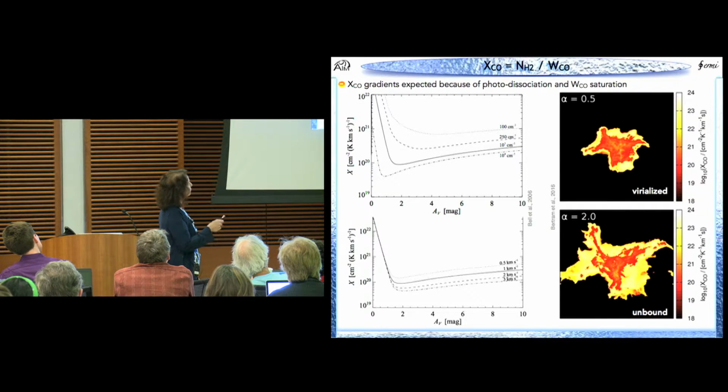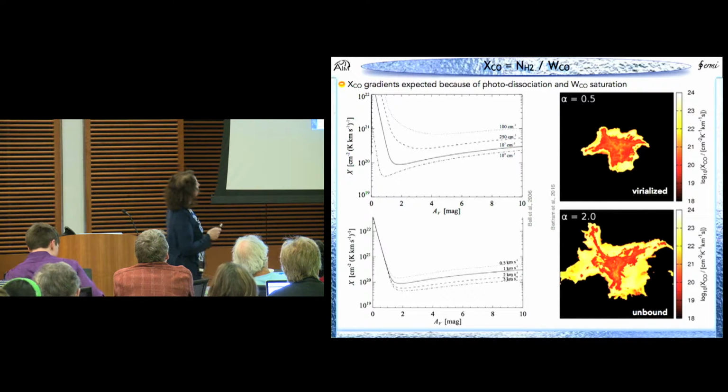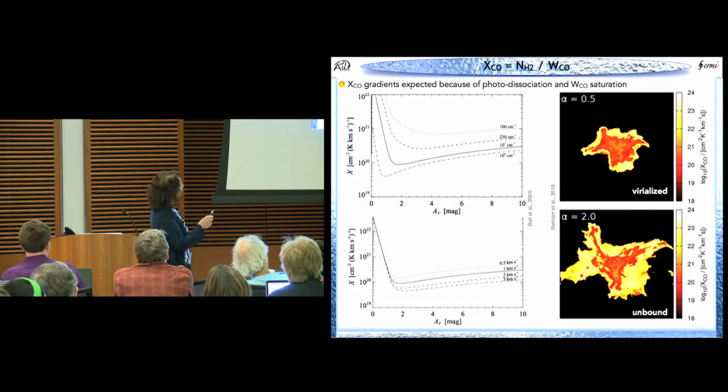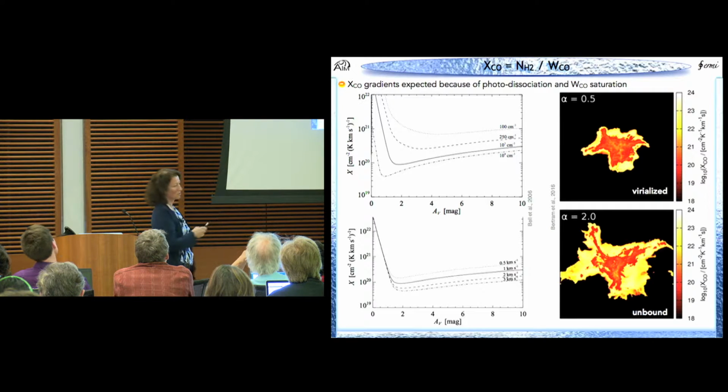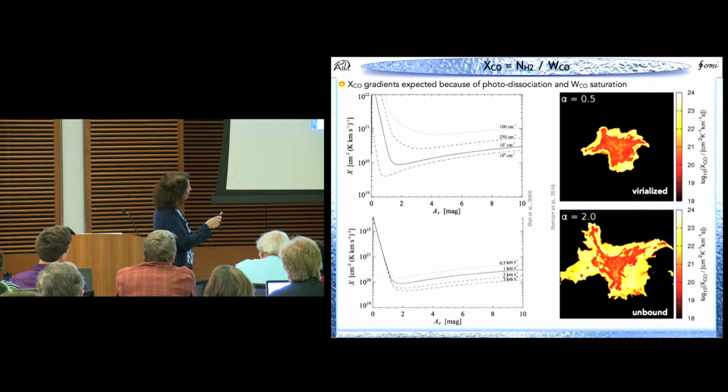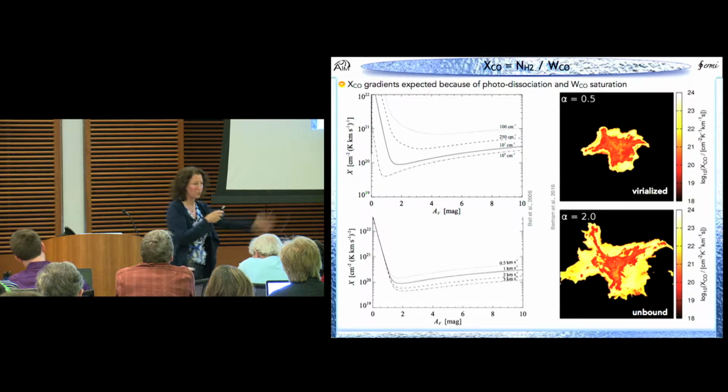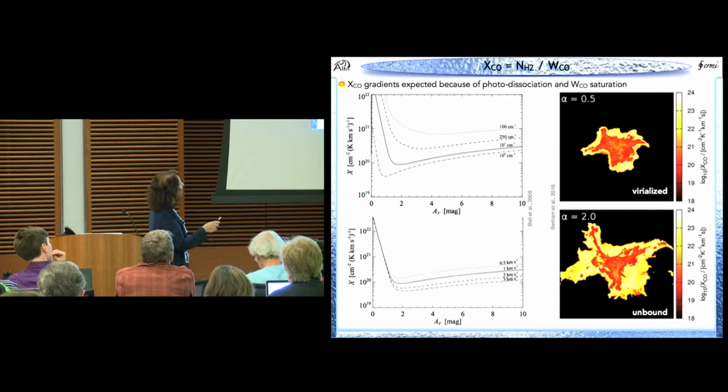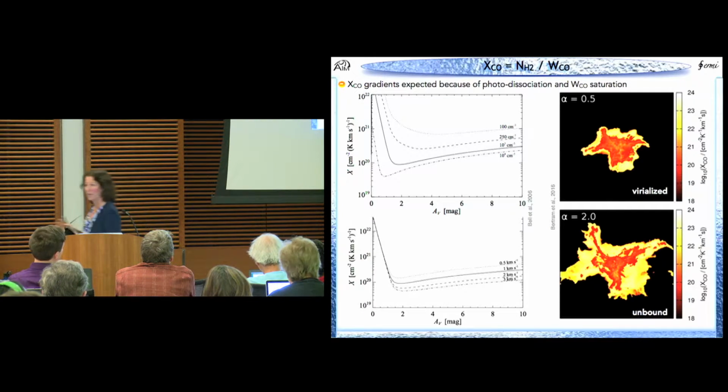From analytical calculations by Bell et al. or from simulations by Bertram et al., it's expected that XCO collapses, literally, once you enter some shielding, because here you're really photodissociated, and then you enter the CO bright zone, and then XCO is more or less constant, because you add more CO, you have more H2, and the two correlate nicely, but then it increases again because CO saturates. The lines are becoming optically thick, and so you don't integrate WCO as much as you do for NH2.